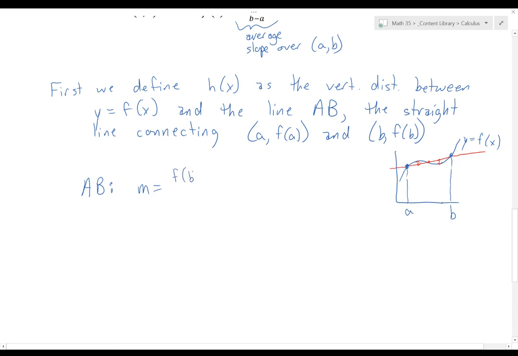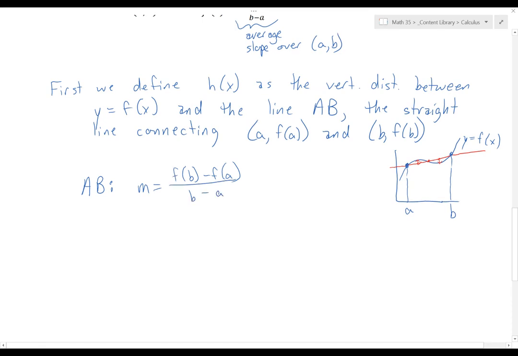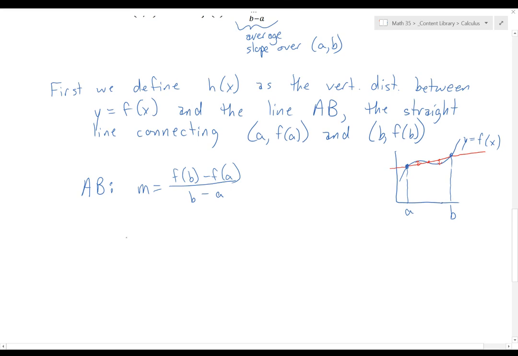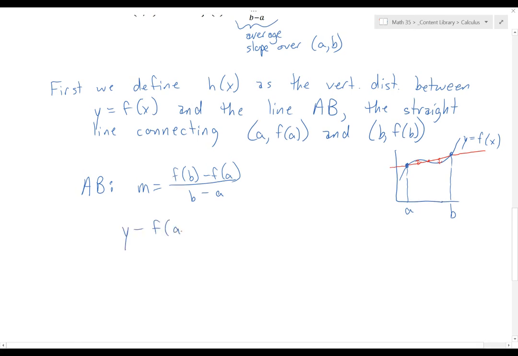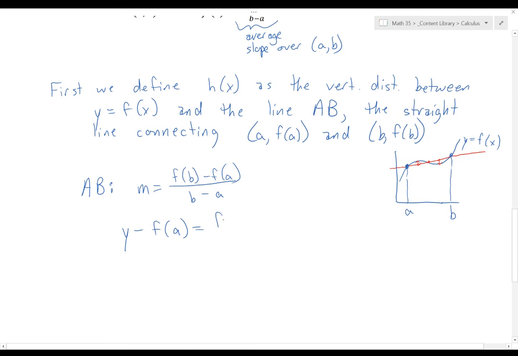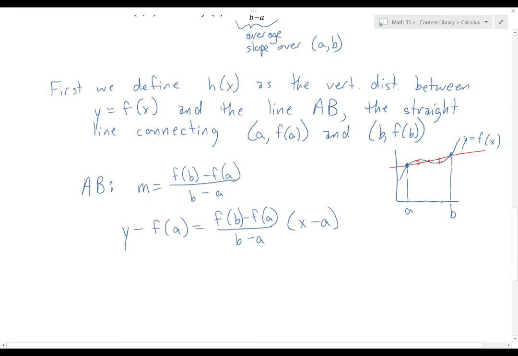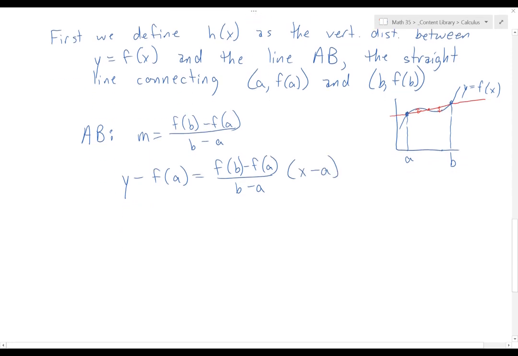So f at b minus f at a over b minus a. And using point slope form and let's say point A, I've got y minus f at a equals f at b minus f of a over b minus a, the slope, times x minus a. So this is the point slope form using point A and the slope I've just found.